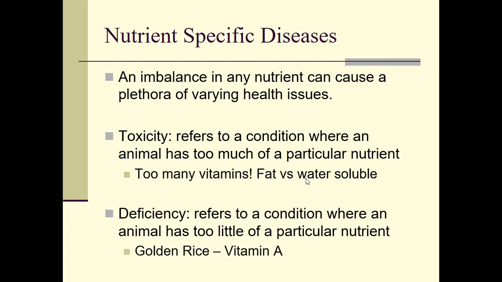Okay. We know about an example of deficiency because we heard lots of people sharing their GMO speeches mentioning golden rice. Vitamin A is a pretty common vitamin deficiency in some parts of the world, depending on what dietary things they have access to. Places where they eat a lot of rice in their diet, often because it's a big calorie increaser, but rice doesn't have a ton of vitamins and minerals.